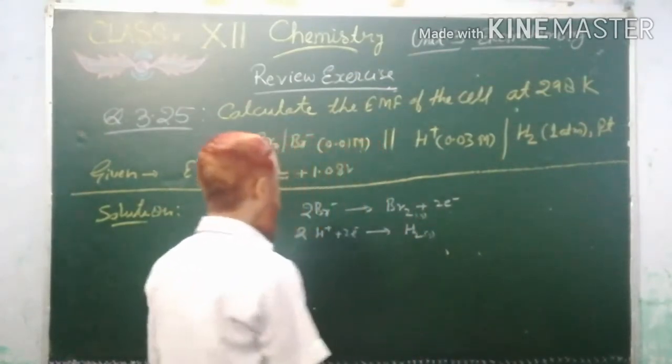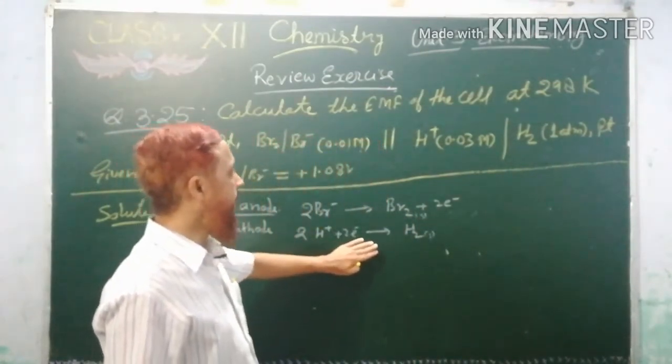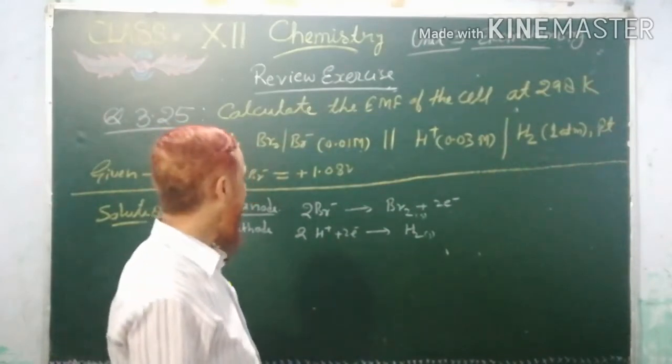We will write the Nernst equation for this type of cell.